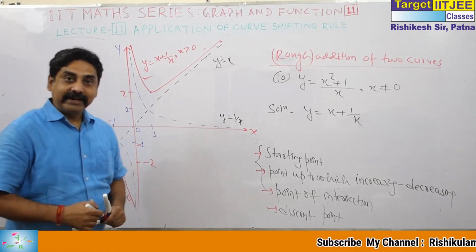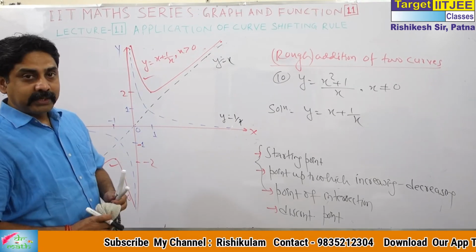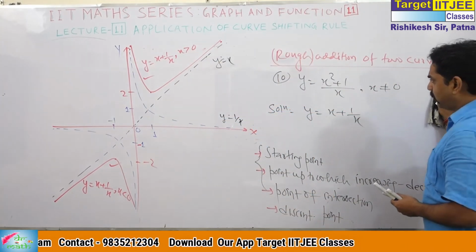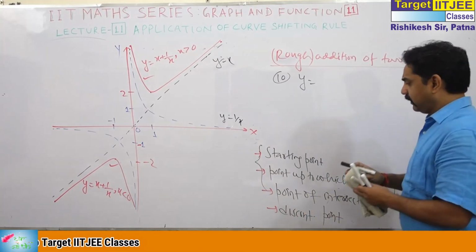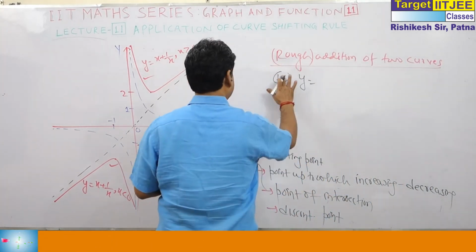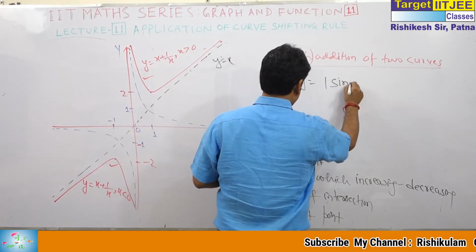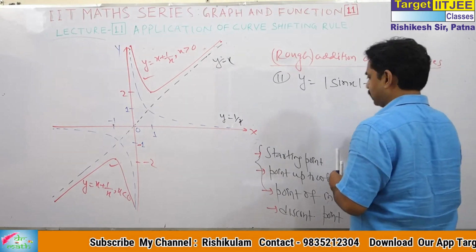Rough addition of 2 curves. Now, come to one more question. Let me take a little bit complicated case. Suppose we take y is equal to mod sin x plus mod cos x. How do we do this?